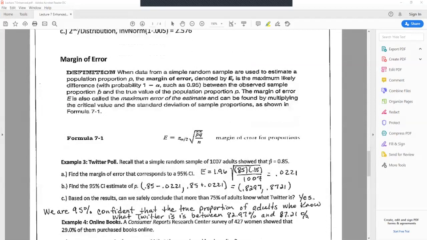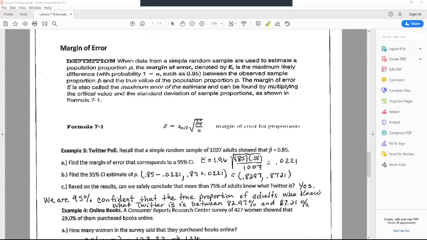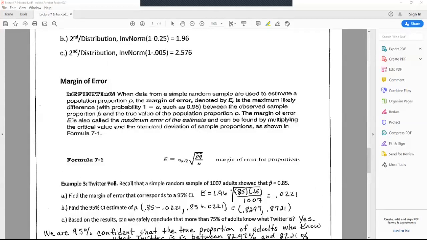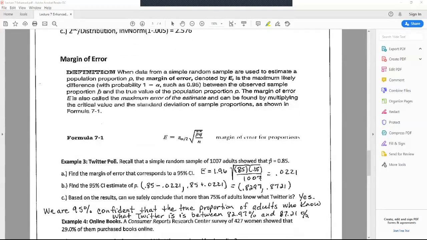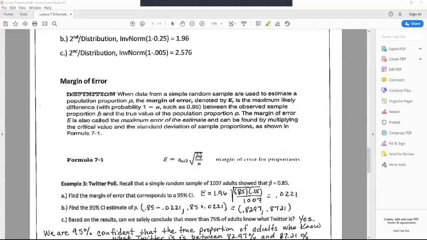The margin of error. Students tend to falter here because of the algebra involved. The margin of error tells us how far we go from the average over to the critical value. I want to draw that for you.